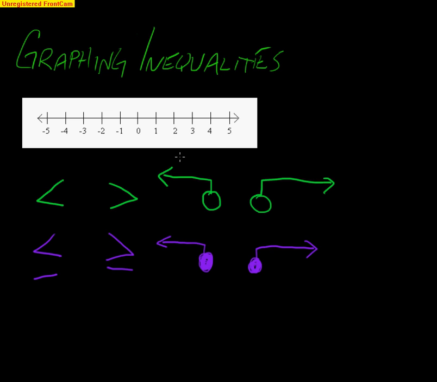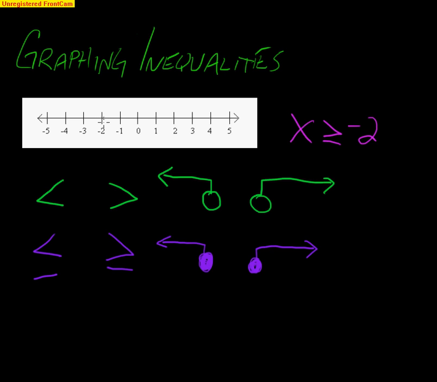So right here I have a number line. I'm just going to give you an example. I'll do that in pink. Let's just say x is greater than or equal to -2. So I find my value of -2 and I plot my point there.